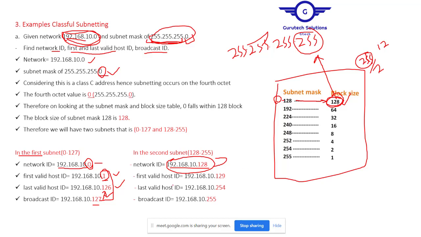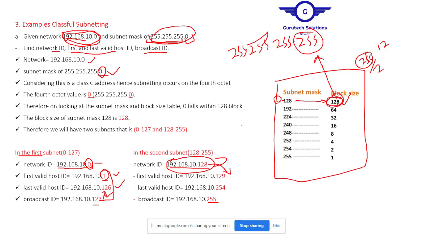So the same thing applies here. The first valid host ID under the second subnet is, you add 1, you come up with 129. And this is a broadcast. When the block size was 128, you add another 128 here, you will get 256.